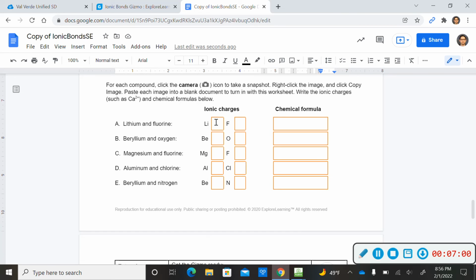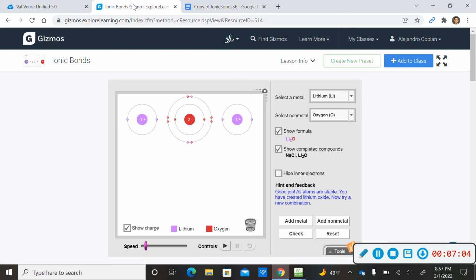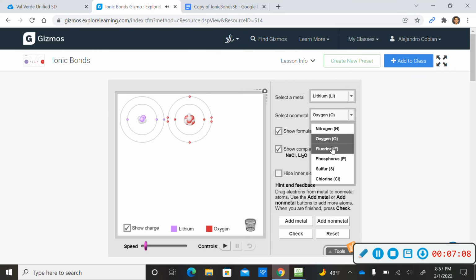Now we scroll down a little bit. I will help you out with lithium fluoride. I'm going to reset this. Now we're going to go with fluorine. Fluorine has a valence shell with 7 electrons, whereas lithium still has 1.